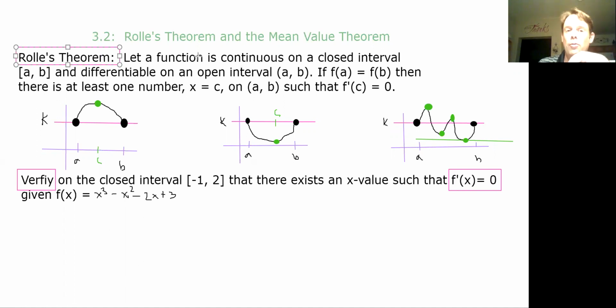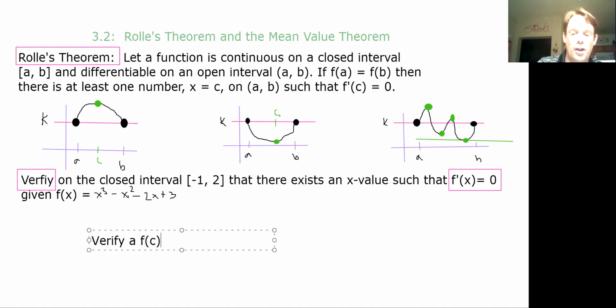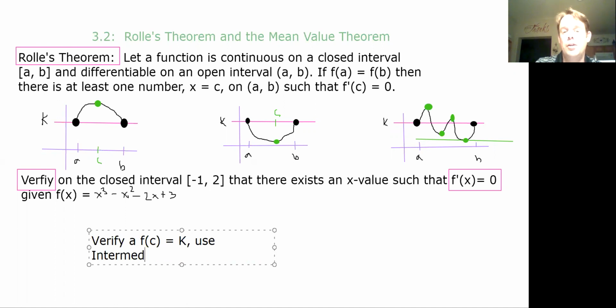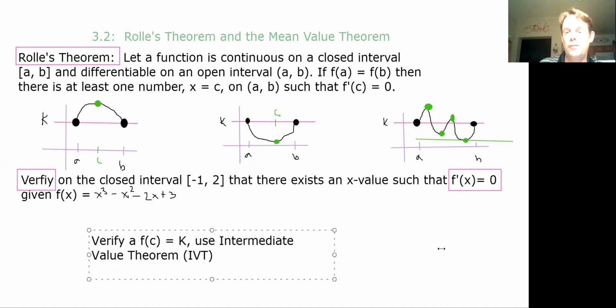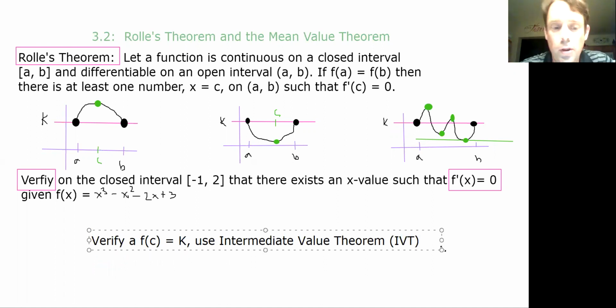When we're trying to verify a function value, so some f of x equal to some number, we said that's always going to be the intermediate value theorem, or the IVT. So this is one of our verifying problems.